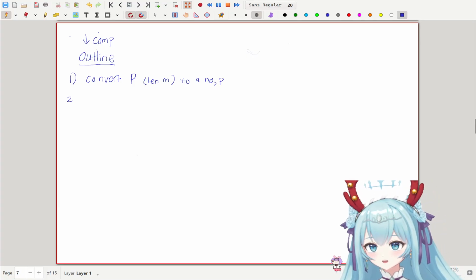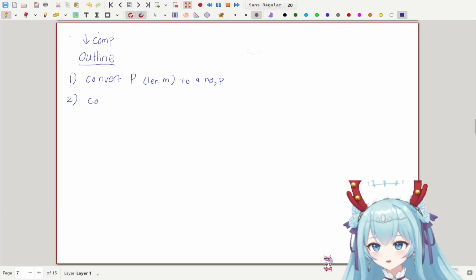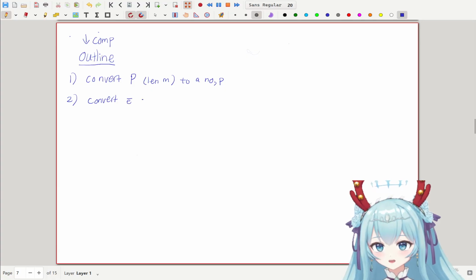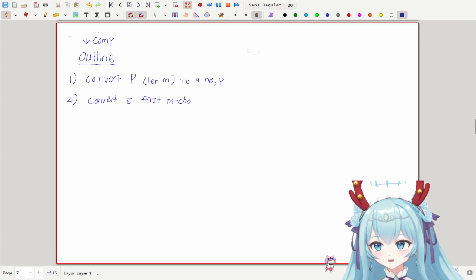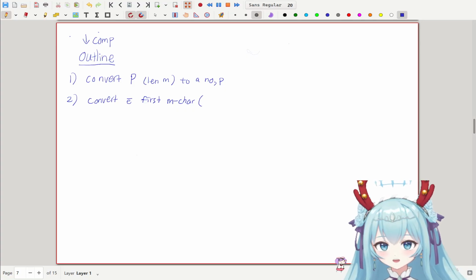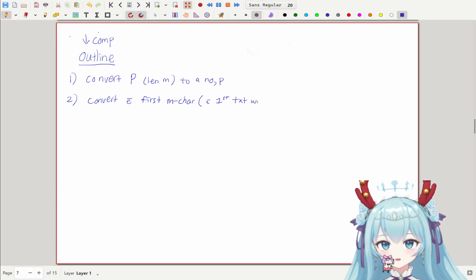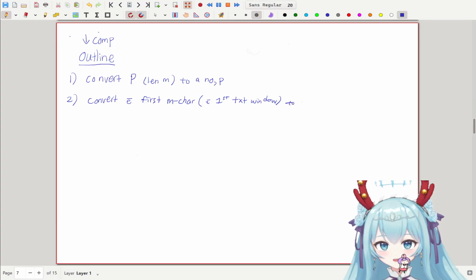Secondly, we'll convert the first m characters, which is basically the first text window, to a number t.